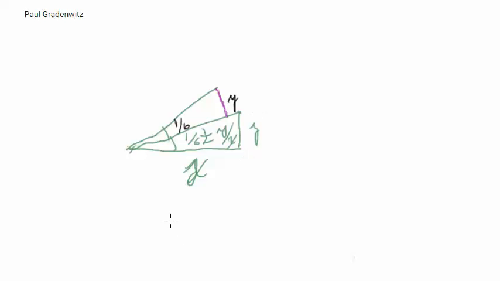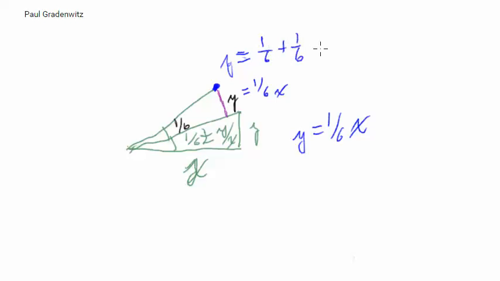It was supposed to be the same triangle, but I didn't quite draw it to scale. Anyway, what's this point then? Down here we can say y equals 1/6 x, and here we can also say y equals 1/6 x. So can we take the total? Y total is 1/6 plus 1/6 x.